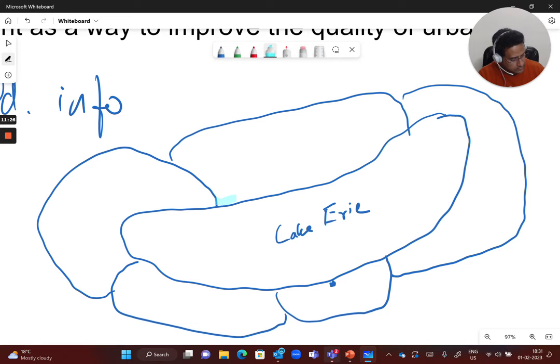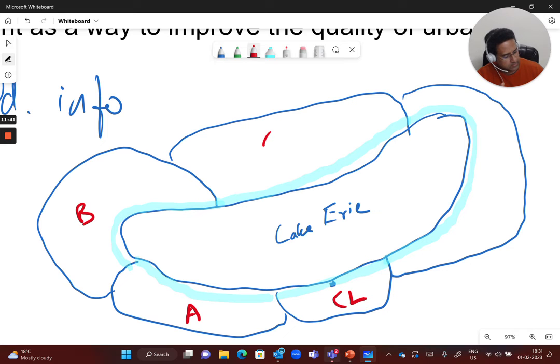So where are the waterfronts? These are the waterfronts. Right? Now let's say this is Cleveland, this is community A, B, C, and D.